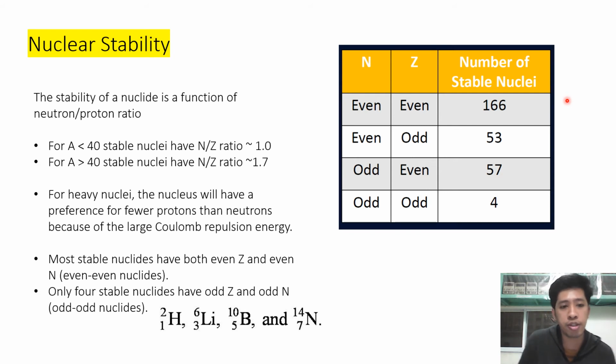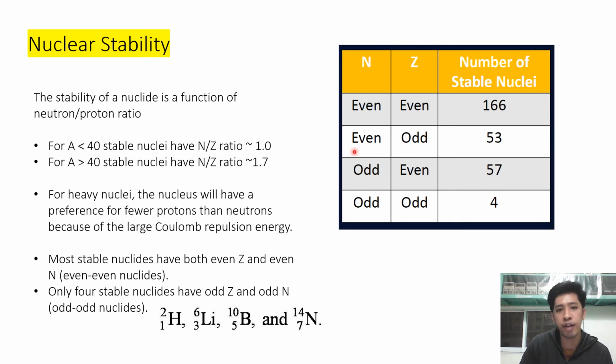And you can only observe 4 stable nuclei which have odd Z and odd N, or your odd nuclei. These are the magic 4: H2, Li6, B10, and N14. This table here tallies the number of stable nuclei. If you have even N and even Z, your even nuclei, you have 166 stable nuclei.